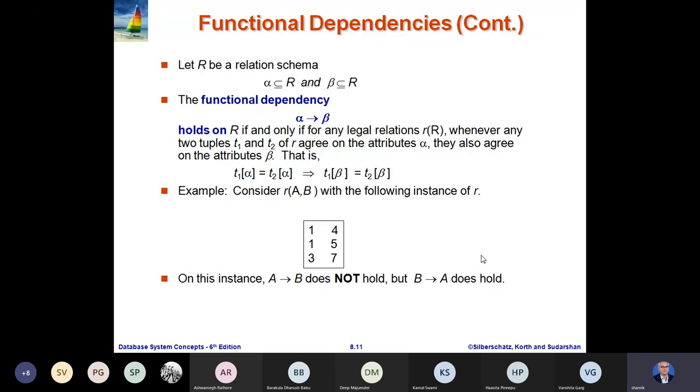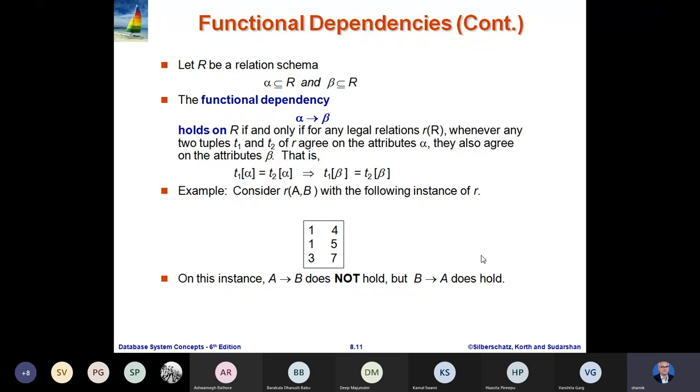If we say that the functional dependency B to A holds, then as mentioned in the previous bullet, it should hold for any legal relation r on that schema R. That means that if we claim initially that B to A holds, then we will not be allowed to make the entry 6 and 7, this combination, in this relation r defined on the schema AB.